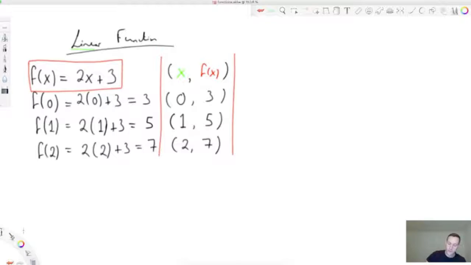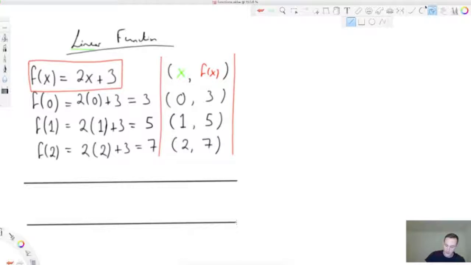And what I want to do first of all is just to represent these numbers. I want to make two different number lines, so I make the first number line like this, okay, I make the second number line like this. So this first number line here I'm going to say is for the input. So these are these input numbers, these x numbers, 0, 1, and 2.